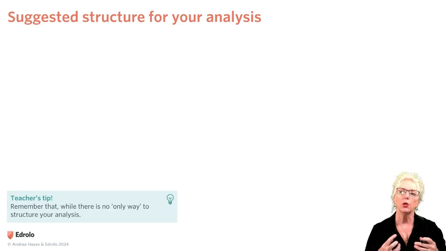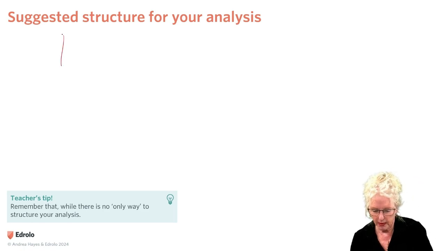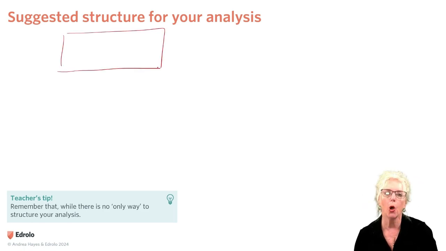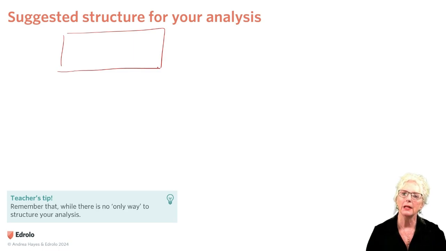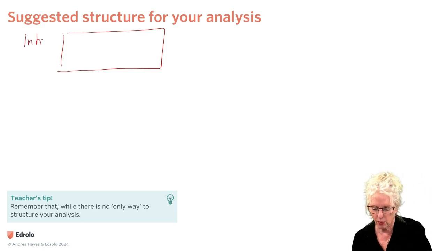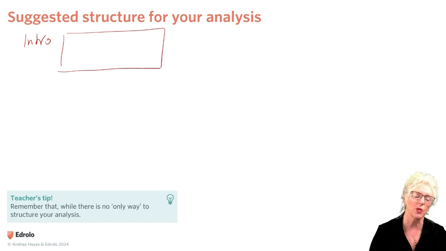Okay, now how do you structure your analysis? All right, so of course you need an introduction. We know that we've only got one main written text with embedded visuals, so we know we're looking at different arguments with visuals coming underneath them, not a separate paragraph for visuals. So you have your intro, of course, it has to be a formal structure.